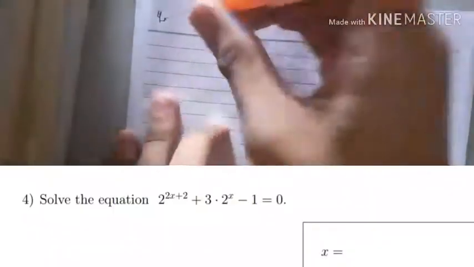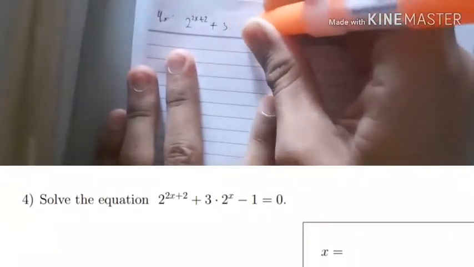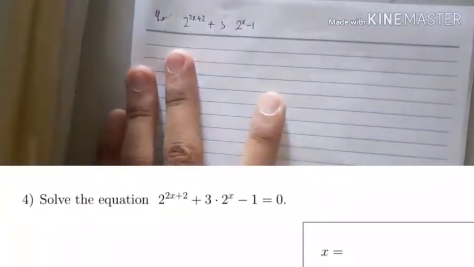For number 4, it is about exponents and logarithms. It is 2 to the power of x plus 2, plus 3 times 2 to the power of 2x minus 1, equals 0.